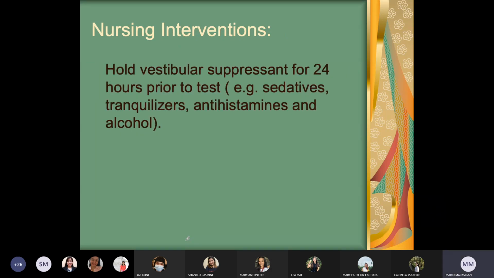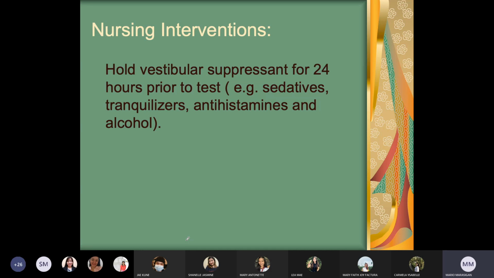So for the nursing intervention while doing this procedure, you need to hold the vestibular suppressant. Okay? So kung may iniinom siyang gamot, like for example, tranquilizer, okay, Valium, haloperidol, ganun, okay, or even alcohol, because it can suppress, no?